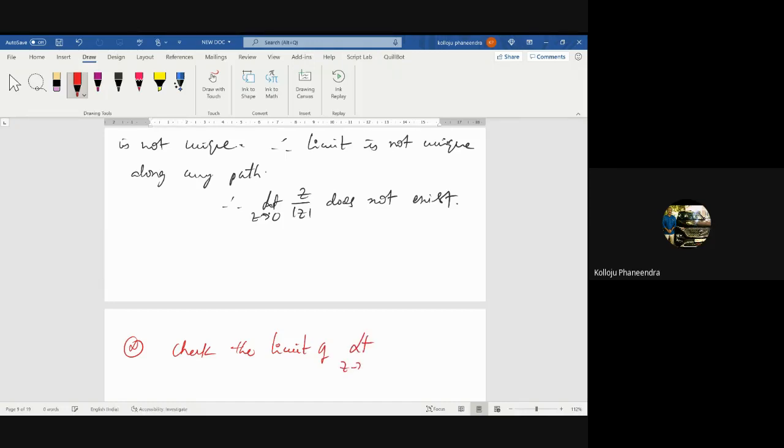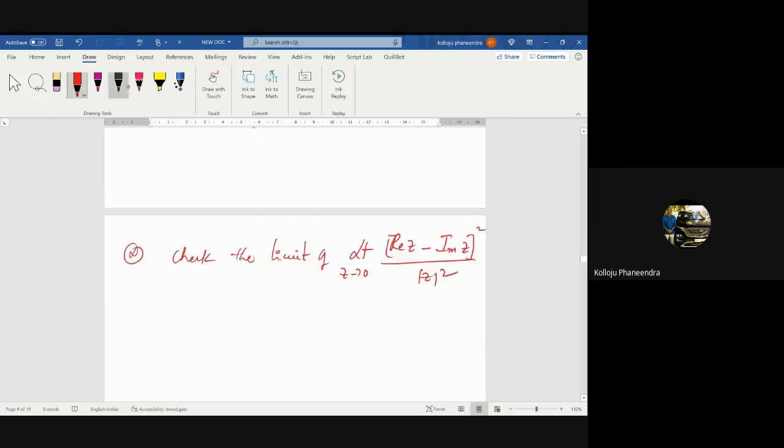Limit z tends to 0 of (real part of z minus imaginary part of z) whole square by mod z square. Now, z means what? z equal to x plus iy. So the real part of z is nothing but x, and the imaginary part of z is y.